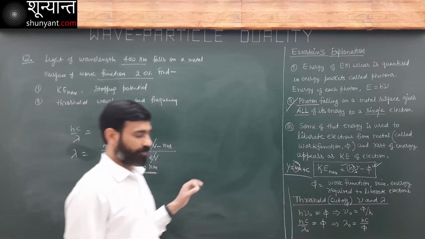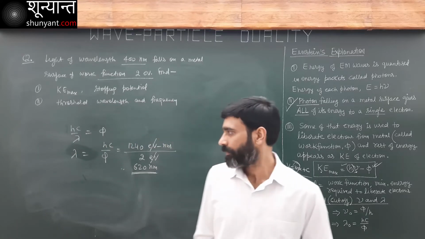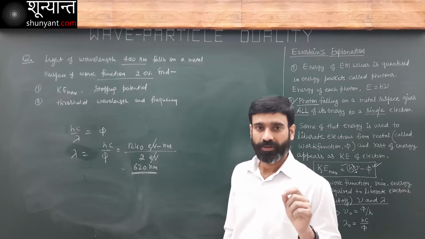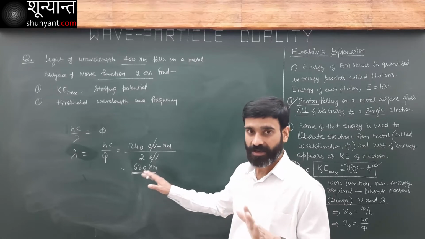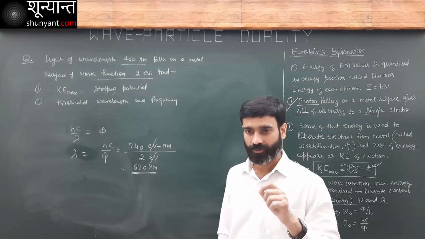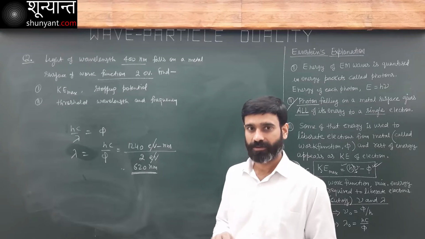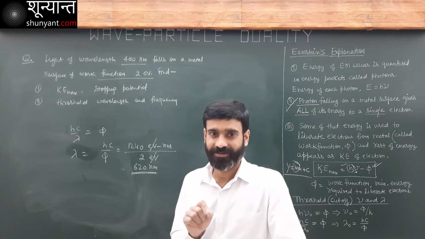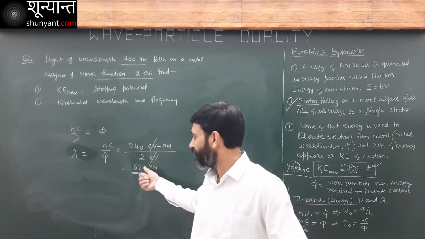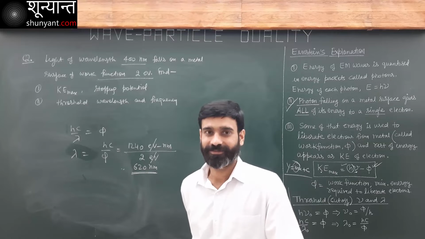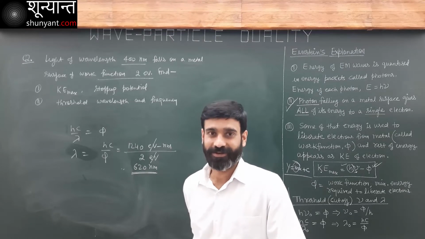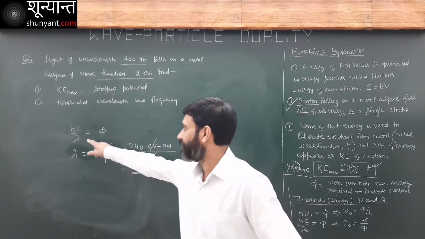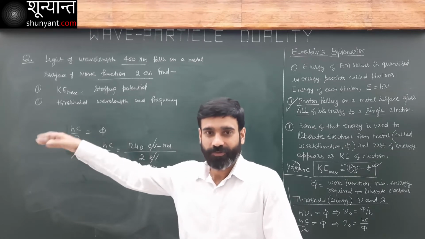Now let's try to understand this. This is the threshold. When the wavelength is exactly this, the electron is just liberated. If I want my electron to come out with some kinetic energy, then should the wavelength be more than this or less than this? Think about it very, very carefully. It should be less than this, because when I increase the wavelength, the energy decreases.